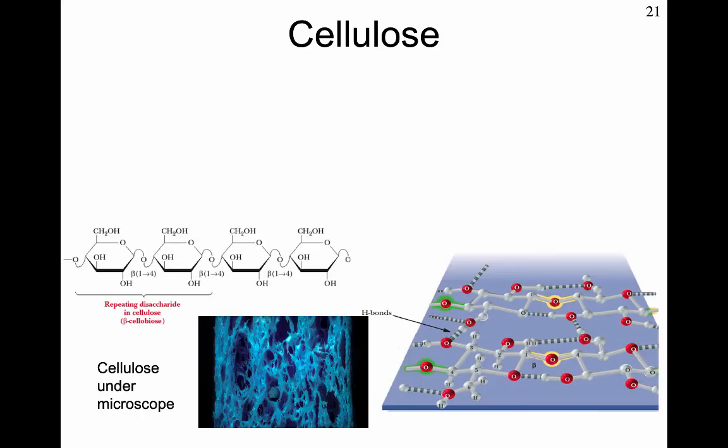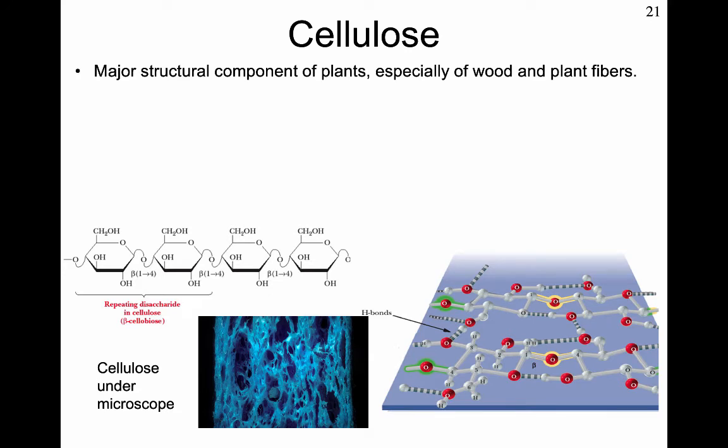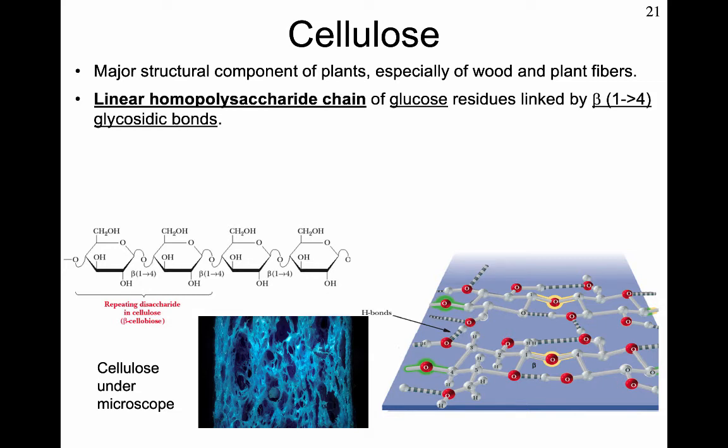Okay, so cellulose is the major structural component of plants, especially of wood and plant fibers. Cellulose is similar to glycogen and starch in that it's composed of glucose. It's a homopolysaccharide chain of glucose that's linked by 1,4 glycosidic bonds.